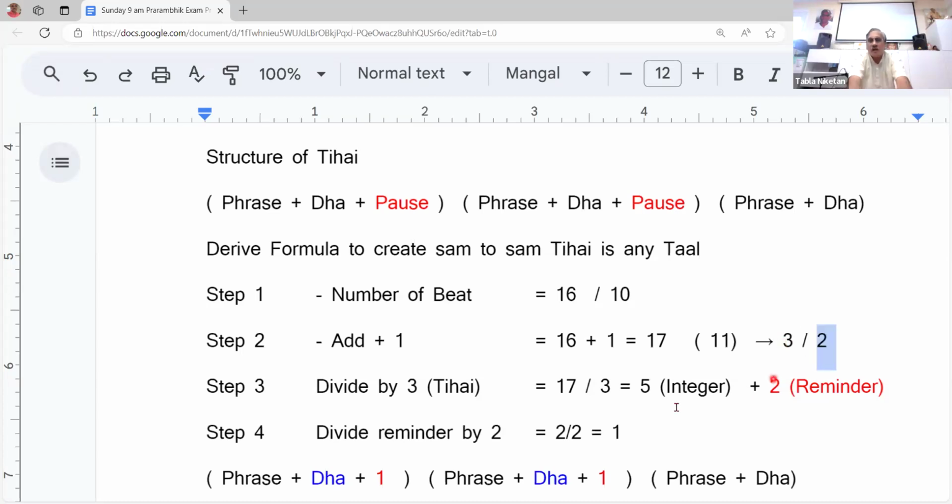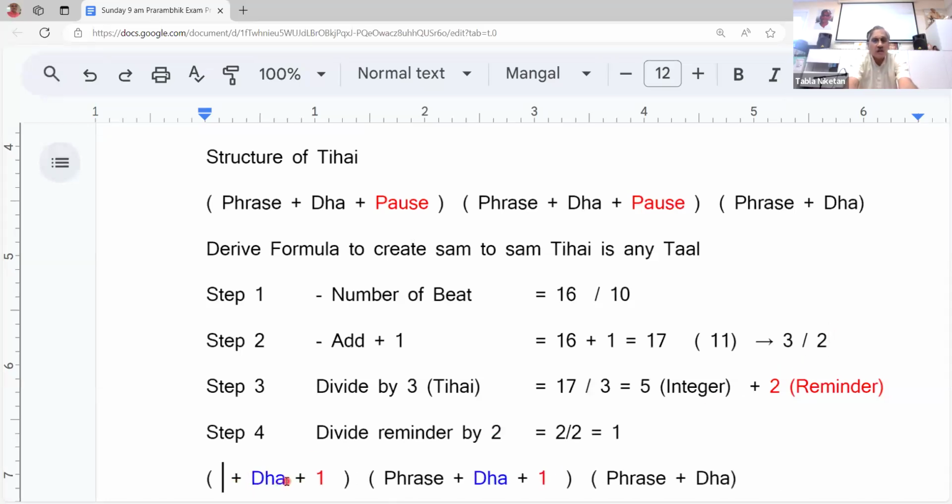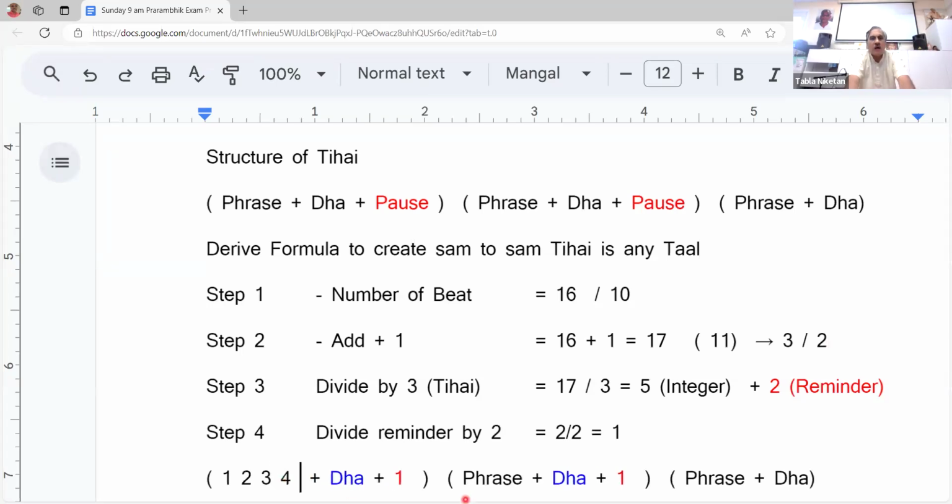So now the 2 remainder, again distribute 1 into each. So among the 3, 2 syllable phrase, 1 dha. So 1, 2, dha, pause, 1, 2, dha, pause, 1, 2, dha. In case of Tintal, it was 1, 2, 3, 4, dha, 1, and then 1, 2, 3, 4, dha.